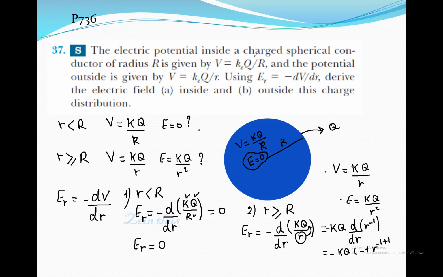No, minus 1, excuse me. Minus 1 minus 1. So we have minus KQ, minus and minus gives plus, r to the power minus 2. It means r square. So E_r equals KQ divided by r square.